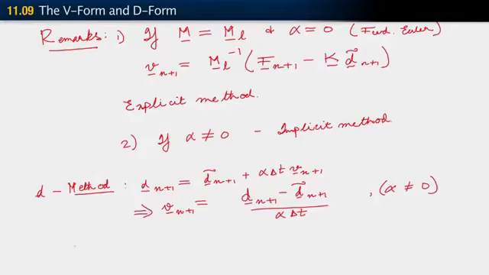So we have m times dn plus 1 minus dn plus 1 tilde divided by alpha delta t, that is our expression for Vn plus 1 using the Euler family.